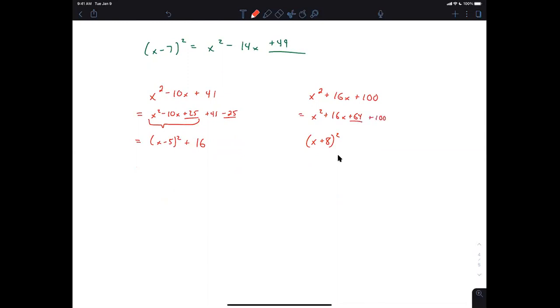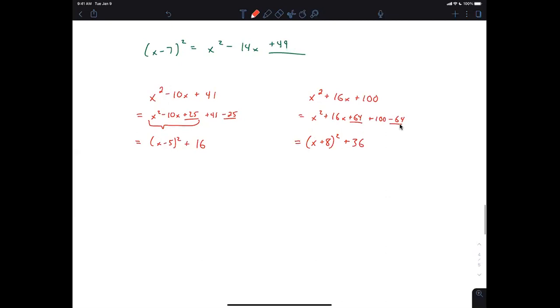The 100 stays there, and then we have to subtract 64. So now this first line is equal to the second line. But now these three terms become x plus 8 squared. 100 minus 64 is 36, so plus 36. Does that make sense to everybody?